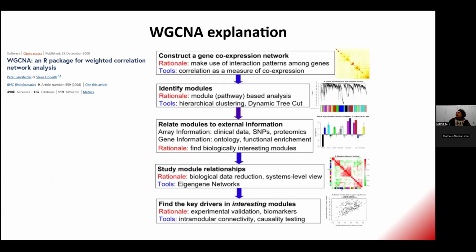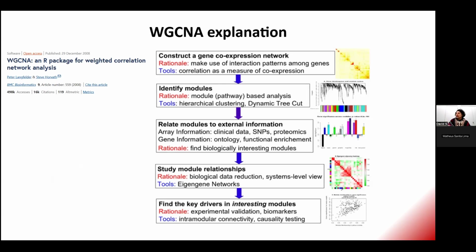And it just takes a different correlation between the genes of a certain data set, measures co-expression, and then classifies that into different modules of co-expression, so to say. And you can use this for the comparisons that you want.